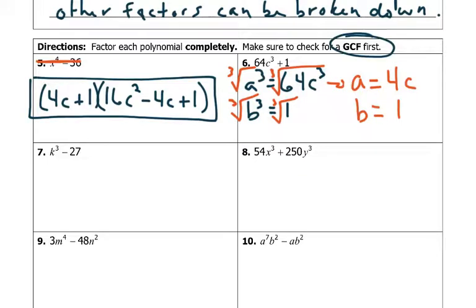So let's take the GCF out. The GCF is 2. Again, I'm going to use the other column if I need to here. I can't zoom in. So the GCF equals 2. When we pull the GCF out, we put that on the outside. 54 divided by 2 gives us 27x cubed plus 250 divided by 2 is 125y cubed.